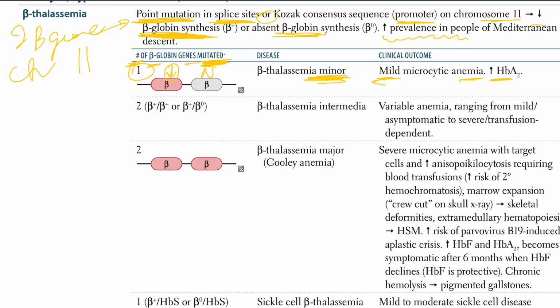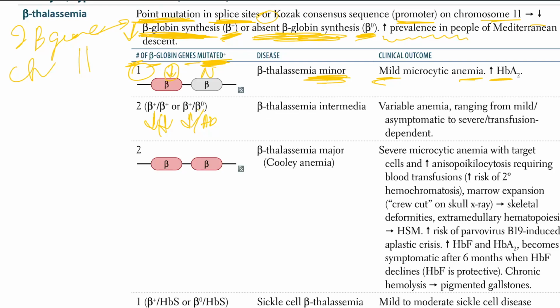On the other hand, if we have a decrease in both globin chains, or one decreased and one absent. Remember, look at these B0 and B positive. That's what they're telling you up there. B plus means that you have a decrease in synthesis, and B0 means you have an absent synthesis.